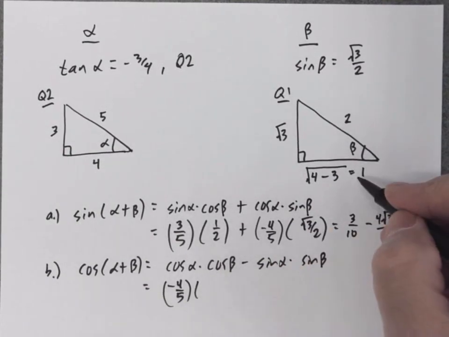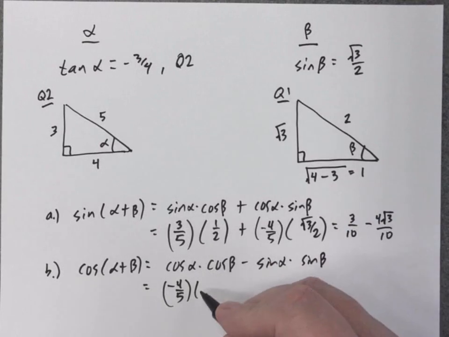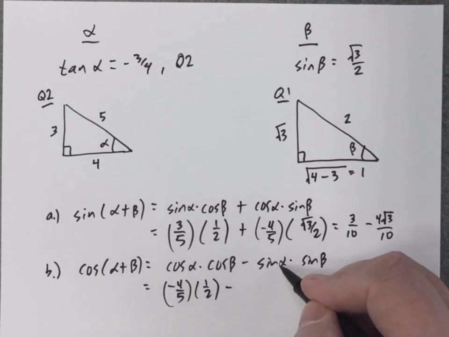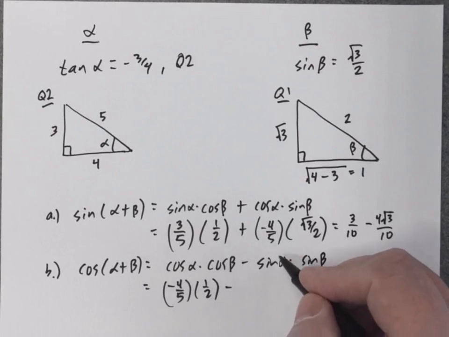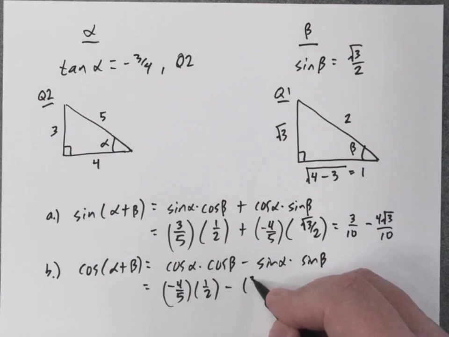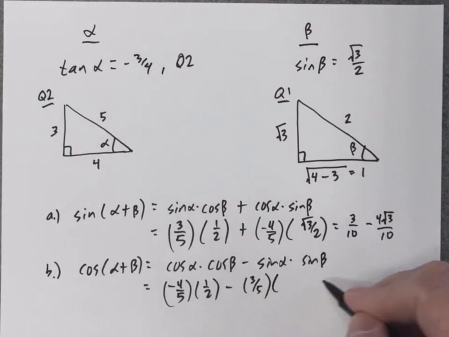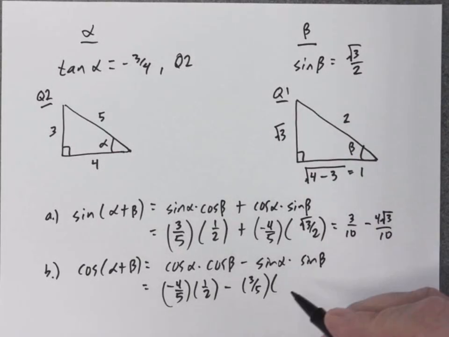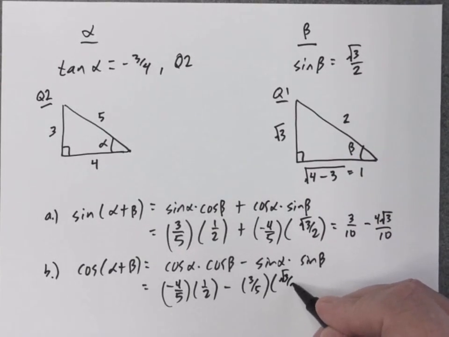Cosine of beta, so CA, 1/2, positive 1/2. Minus sine of alpha, 3/5, it's positive 3/5. Sine of beta, square root of 3 over 2, positive.